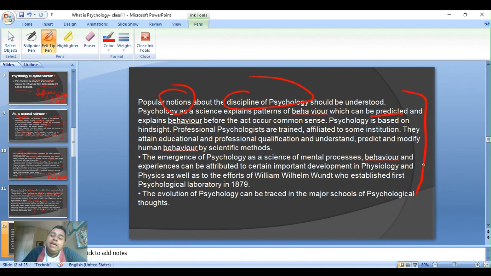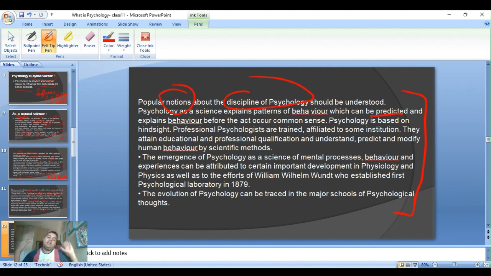तो इस स्लाइड में यही बोल रहे हैं कि जो साइकोलॉजी के पॉपुलर नोशंस हैं it should be understood, मतलब अगर psychology is a science, they explain the pattern of behavior, जो predict हम कर सकते हैं.